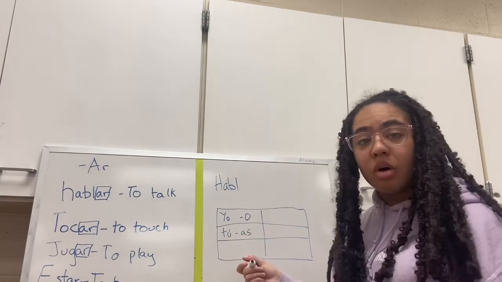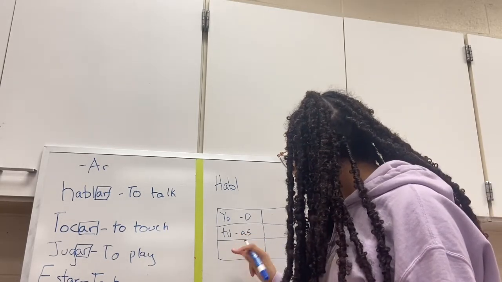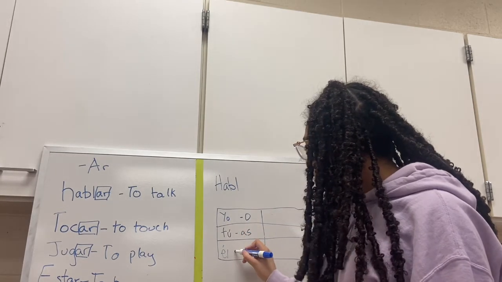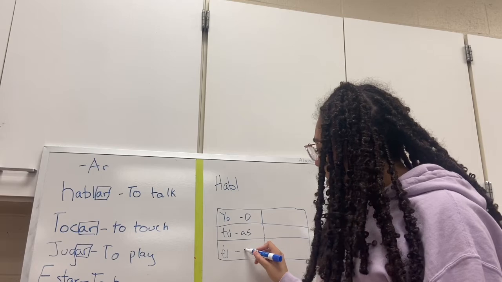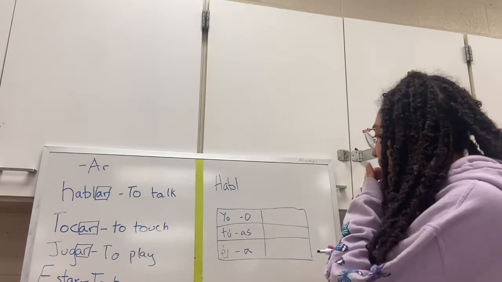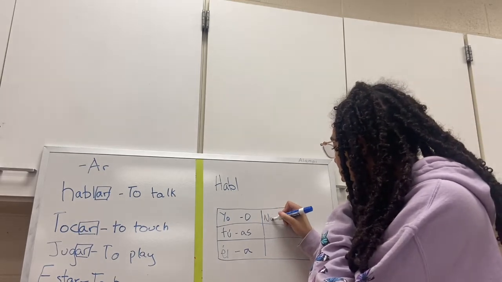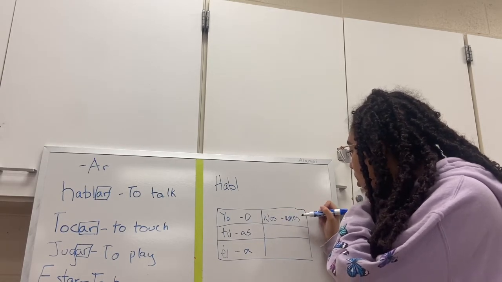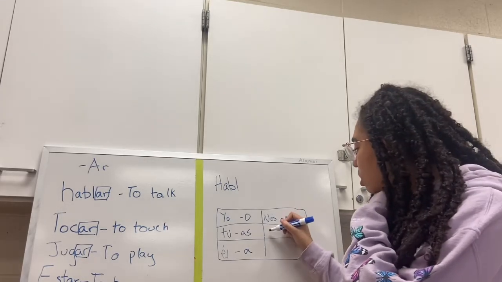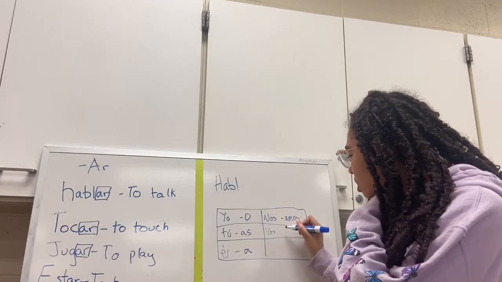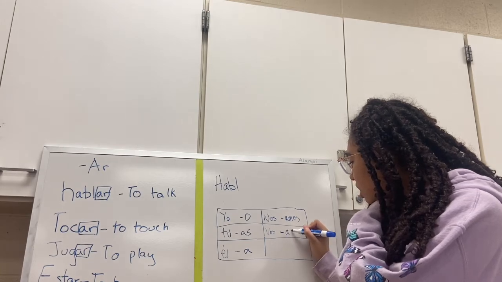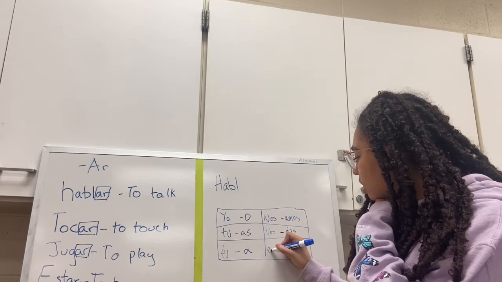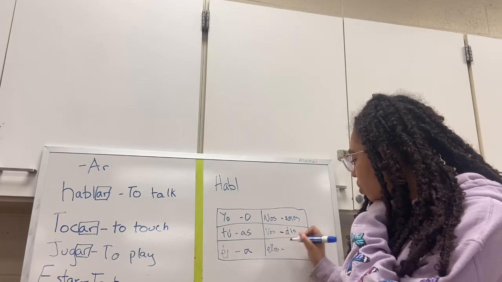For él, ella, or usted, you just put a. Okay? For nosotros, you would put amos. For vosotros, you would put áis. And then for ustedes or ellos, you would put an.